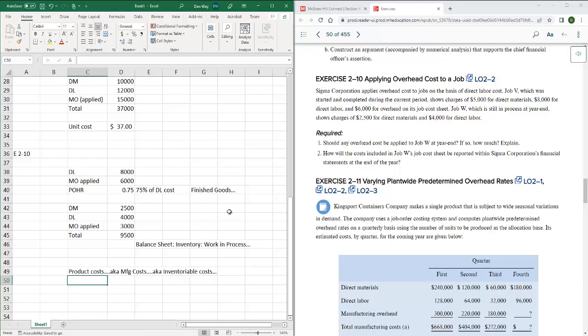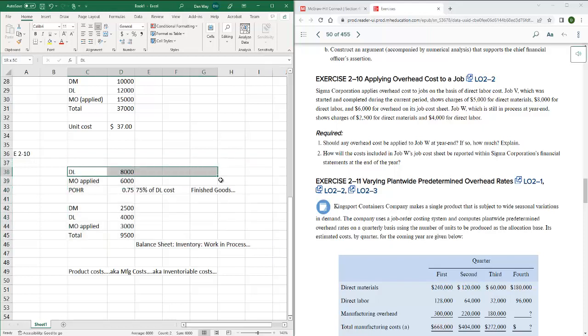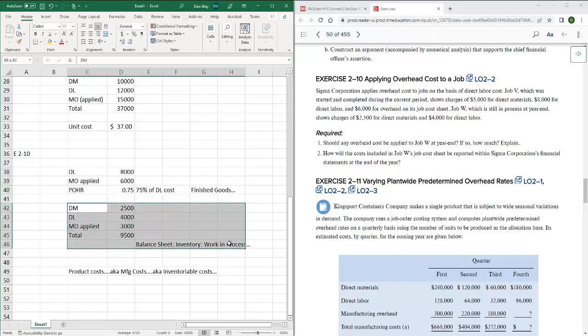No costs associated with any of these jobs that we're producing or working on will hit the income statement until the goods are actually sold, until it hits cost of goods sold. Those things are on their way out the door. So any job that was finished and unsold, its cost would be associated with the finished goods account. The cost of any job still in process would be sitting in that inventory account called work in process. It shows up on the balance sheet.